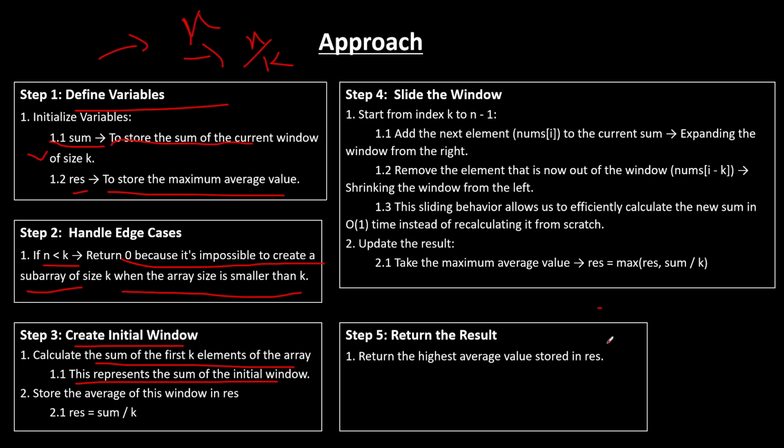To make the task much easier for us, I calculate the sum of the k size subarray, the window of size k, beforehand, before going to the main loop. Now why are we doing this? Because this gives us an edge of having a sum and also a result beforehand.